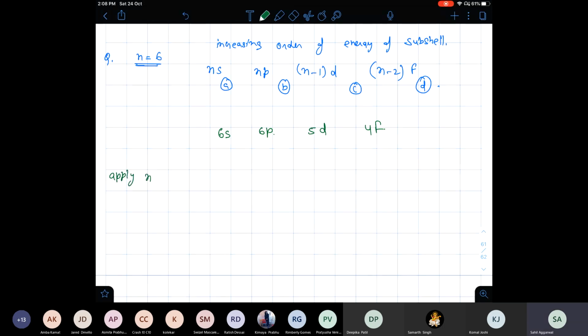Apply n plus l rule. So n plus l will be 6 for it, 7 for it, 7 for it, 7 for it. 6 plus 0, 6 plus 1, 5 plus 2, 4 plus 3.